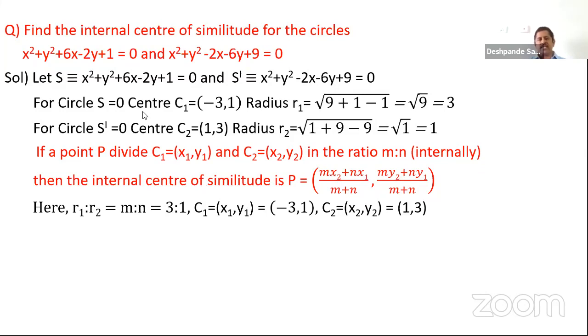Now, center C1 is given as (minus 3, 1). Center C2 is given as (1, 3). So you got the M value, N value, X1, Y1 values, X2, Y2 values. Substitute these values in this formula and get me the value of P. Can you get the value of P from this? Substitute the values and find the value of the point.